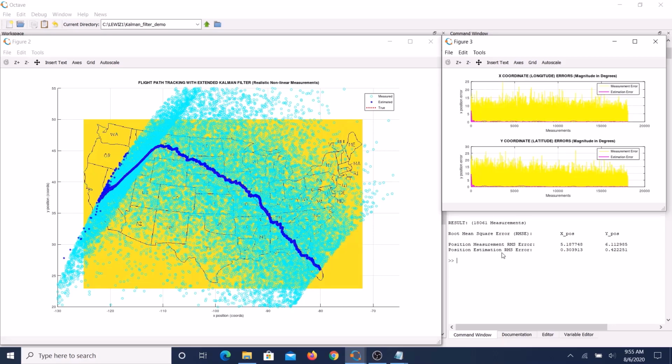And now we can see the final results. We can see the non-uniform errors being reduced after estimation.